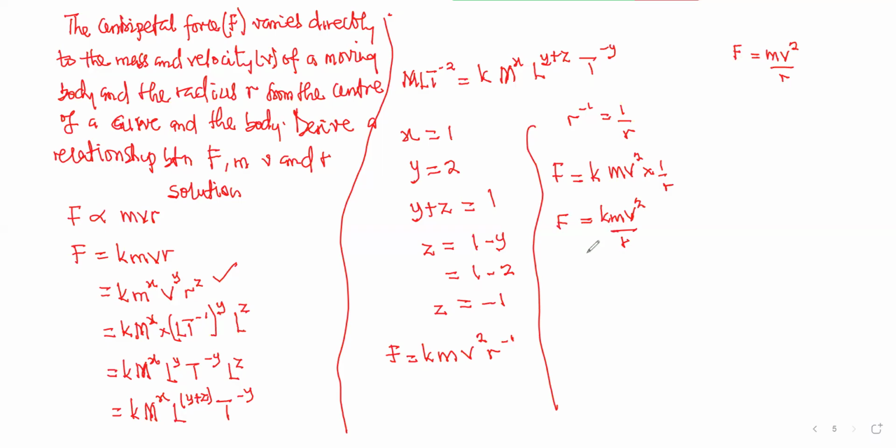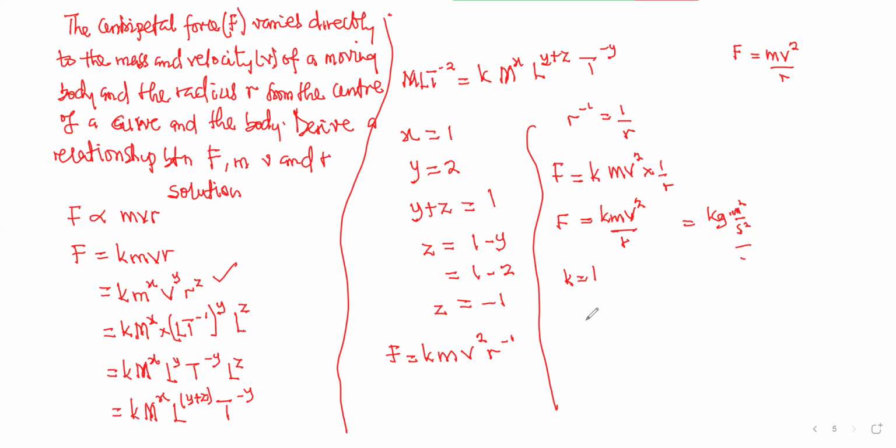Now, when you take the SI units or the base unit of the quantities, you realize that K would be equal to 1, as I indicated. So this is the right-hand side, kilogram meter squared per second squared divided by meter, and they will cancel out.